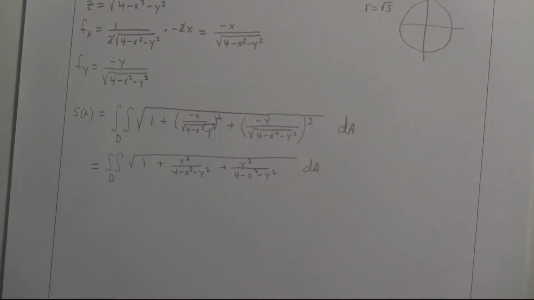And that's where you can see that it's kind of nice that I went ahead and got a common denominator with the 4 minus x squared minus y squared.